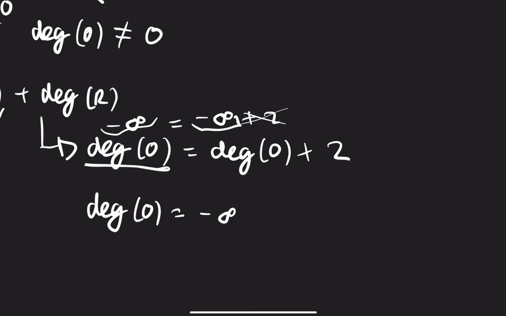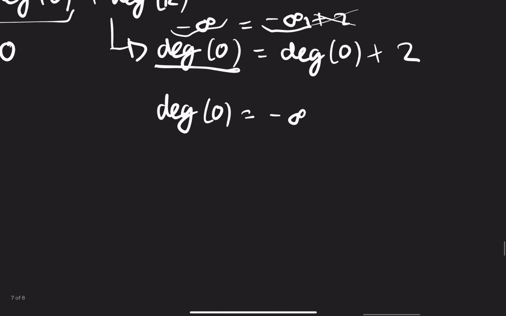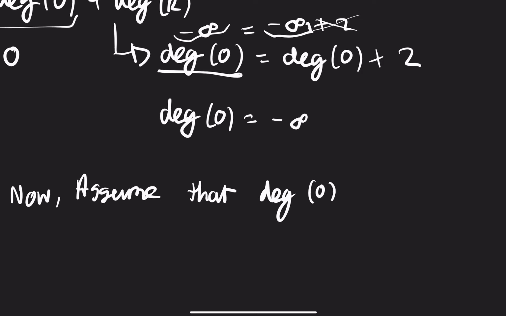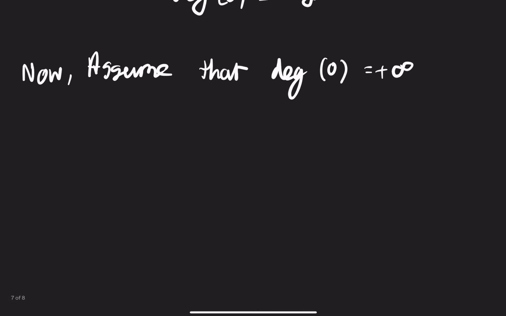And you may be wondering why it can't be positive infinity. So let's assume that the degree of 0 is positive infinity now, to prove that it can't be. To disprove this, we're going to use our second identity that we covered, which is one of addition and subtraction.